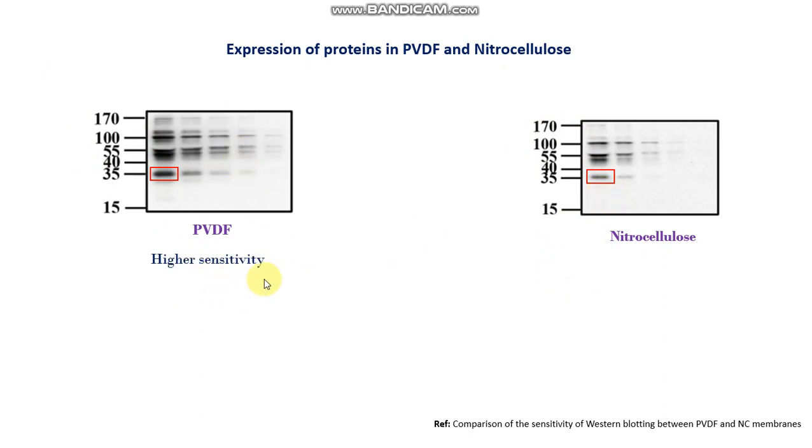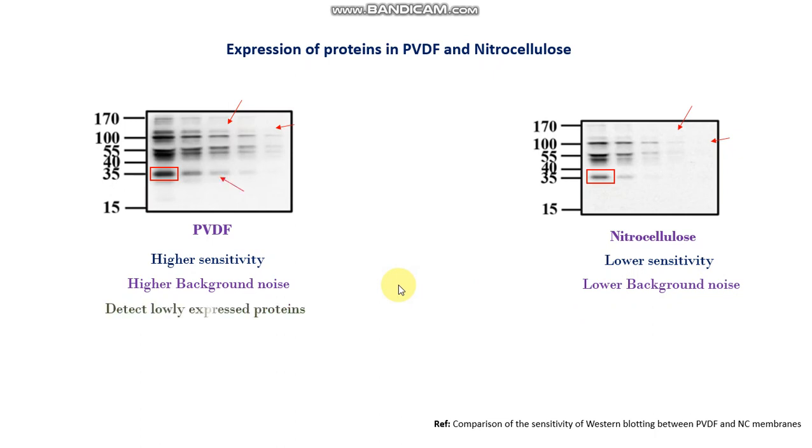This is why PVDF has the higher sensitivity, but the nitrocellulose membrane has the lower sensitivity. Because of the higher sensitivity, PVDF has the higher background noise as shown in the image. But with the lower sensitivity, nitrocellulose membrane has the lower background noise.